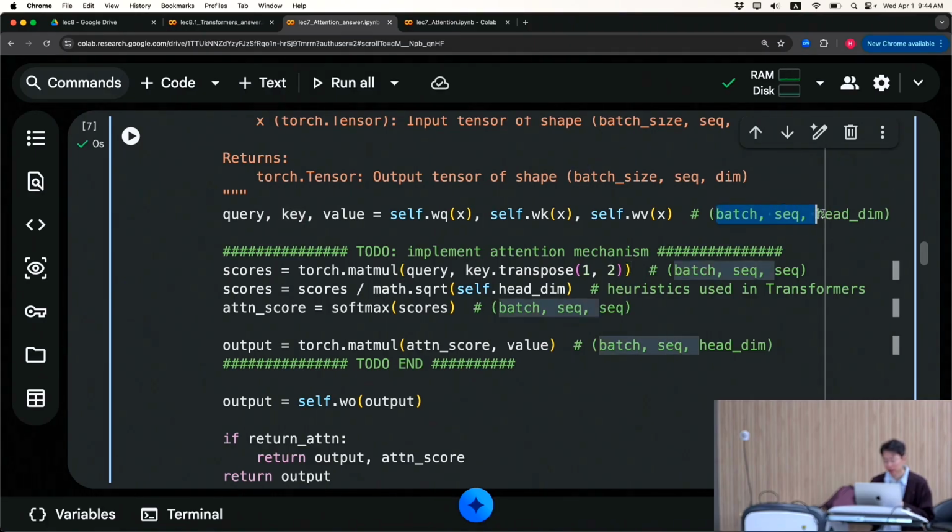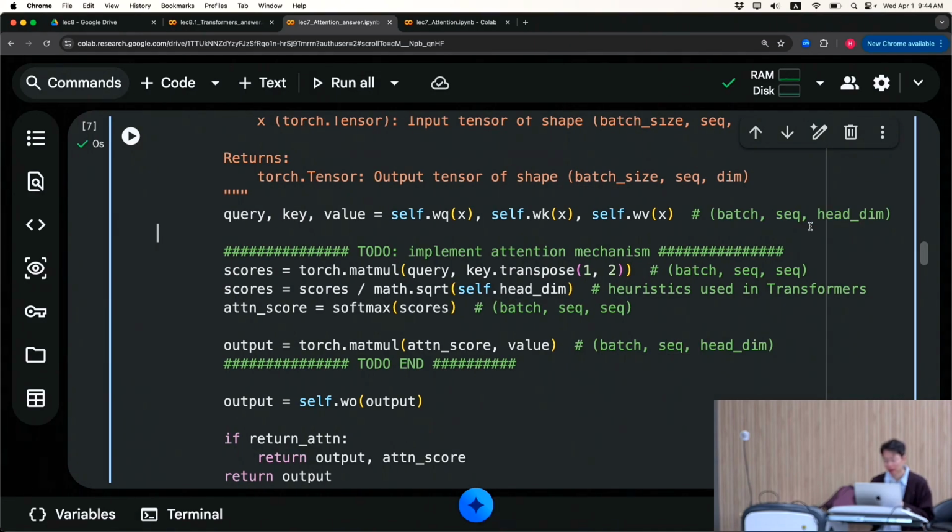So this is the size of query and key, with these two dimensions swapped. The end result, if we ignore the batch size, is sequence by sequence. So the output is a 2D matrix of size sequence by sequence.